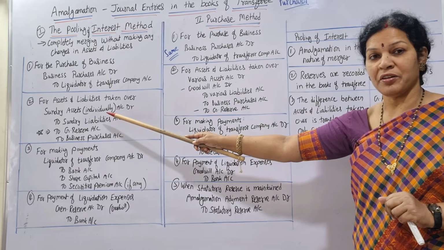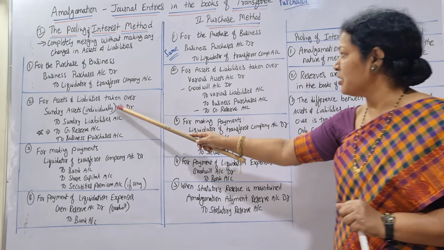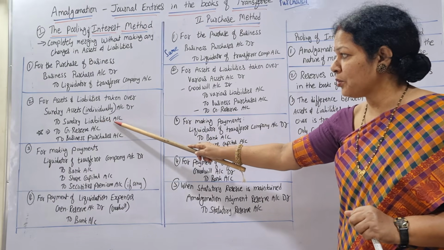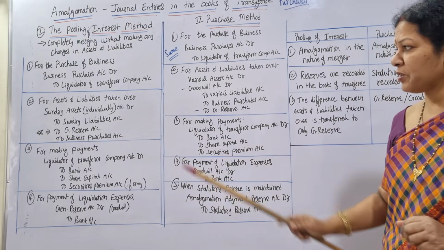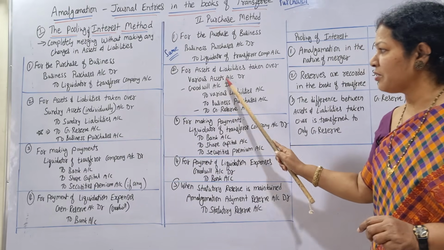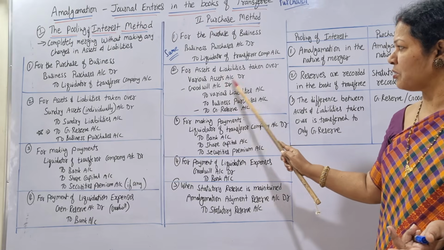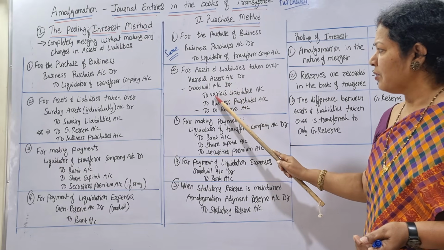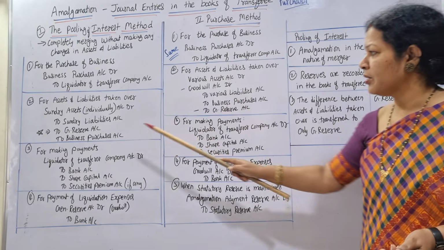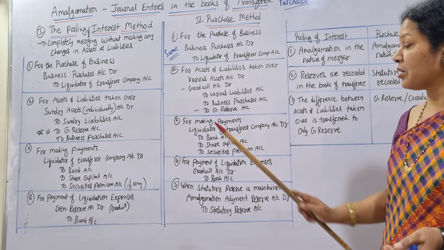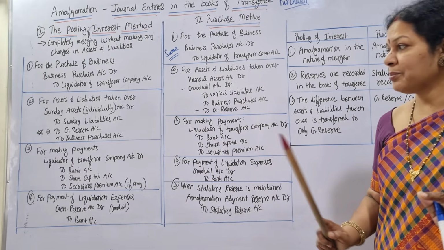Here what happened? Sundry assets individually, to liabilities, to general reserve and to business purchase. Here also various assets, various liabilities, business purchase, this is also there. Now where the difference comes?